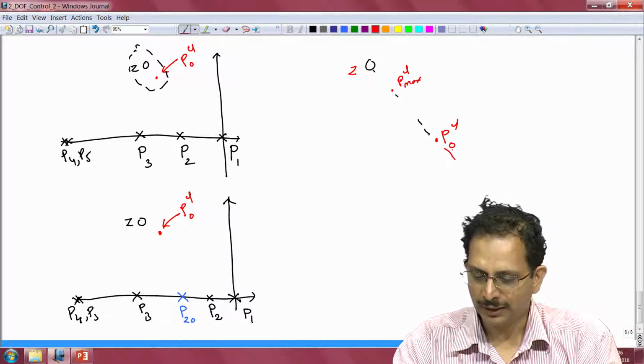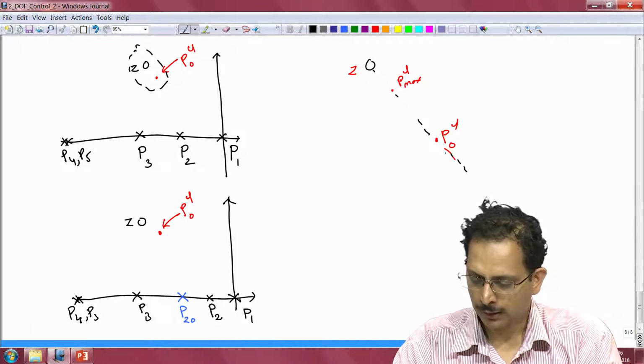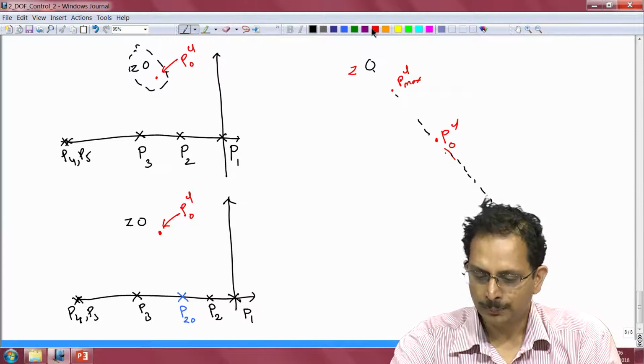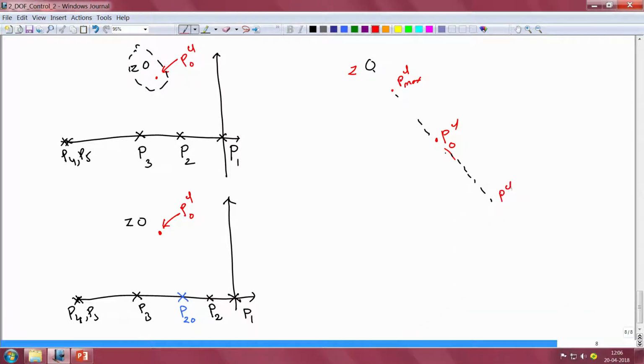move along the same line in the other direction to the point PCL min, which is 3 times farther away, 3.33 times farther away from the point Z as the point PCL naught is.